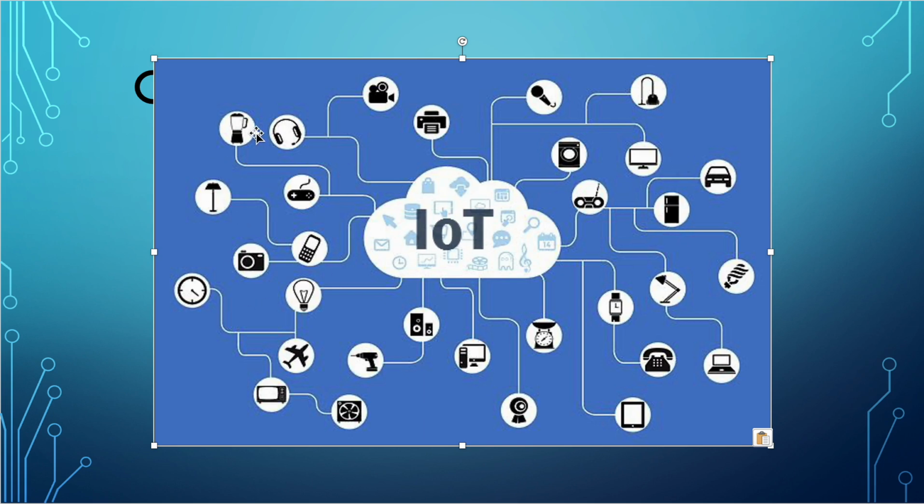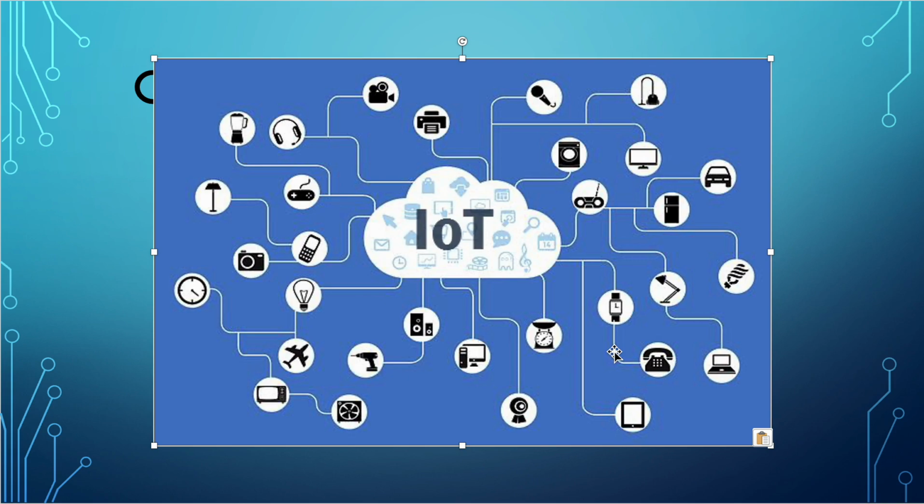Now today we are going to look at this whole picture: how each device is going to communicate with another device and send the data through the internet to any other devices which are looking for that particular set of data. So we are going to look at how Internet of Things is applied, how the networking happens.